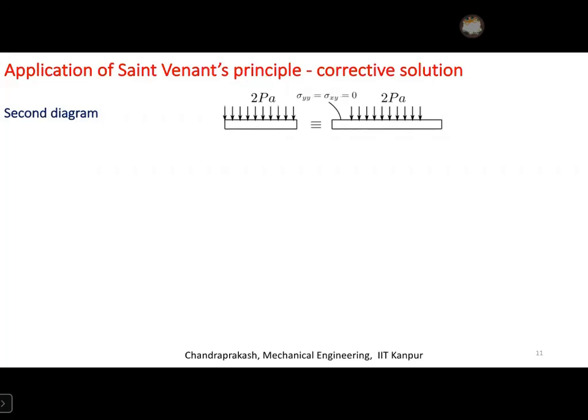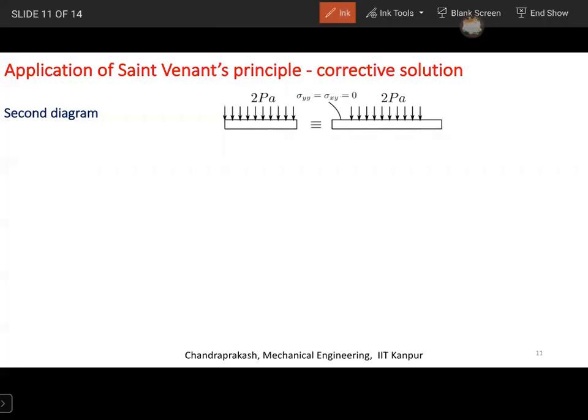Whereas previously, what did we do? Previously, we said on the top surface, sigma yy is equal to minus p, the integral of sigma yy dy is minus p, and sigma xy was 0, since Tx was 0.